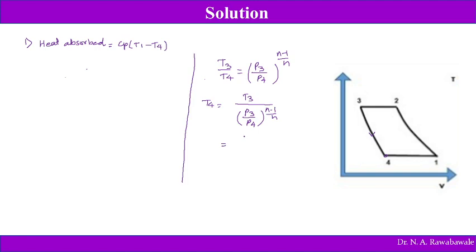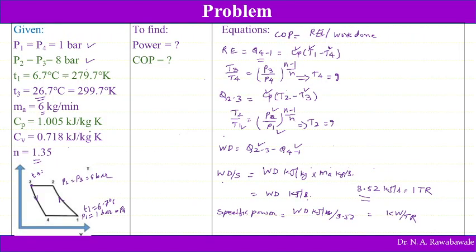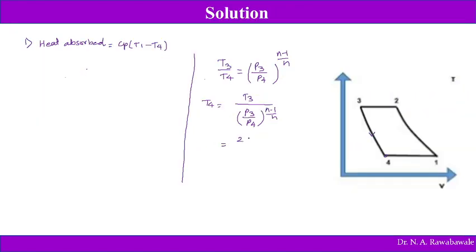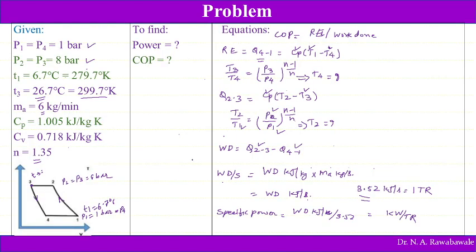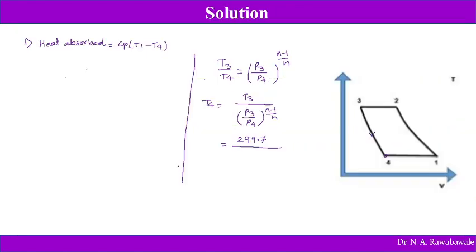So T3 is known to us. T3 is 299.7 degree Kelvin. So 299.7 divided by (P3 divided by P4), where P3 is 8 bar, P4 is 1 bar. So 8 divided by 1 to the power of (1.35 minus 1) divided by 1.35. So this is power, not multiplication.